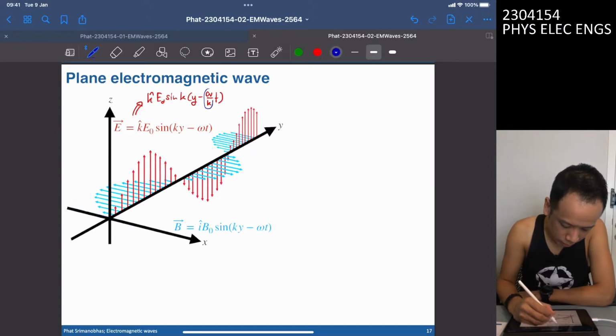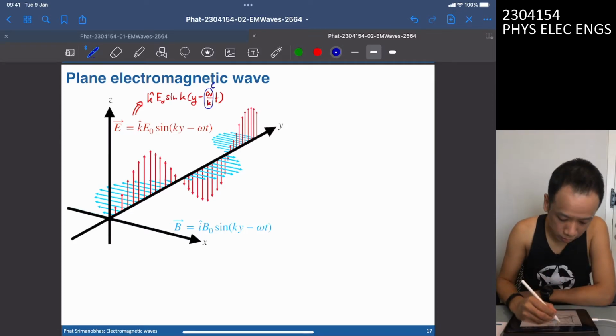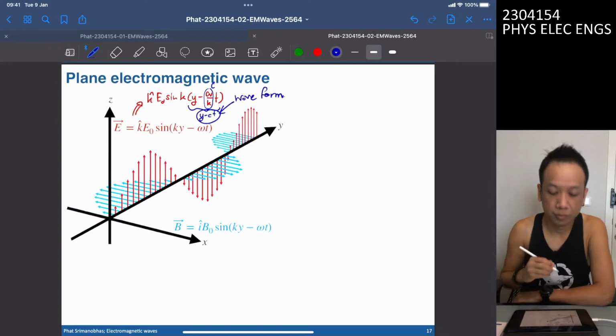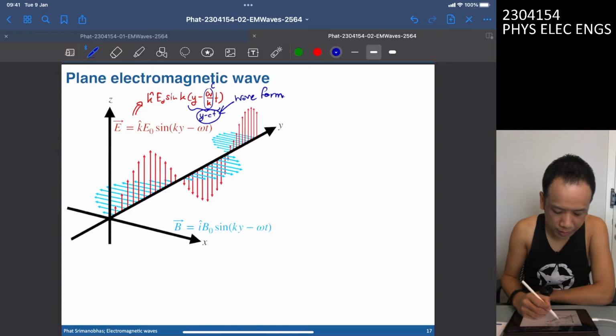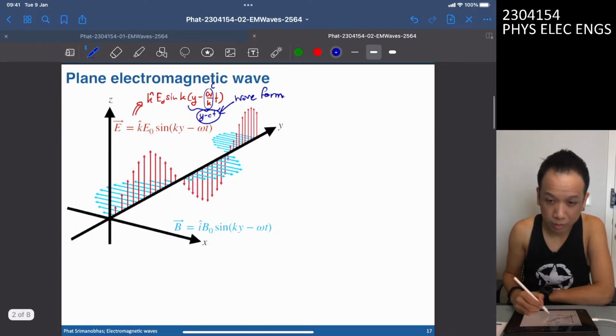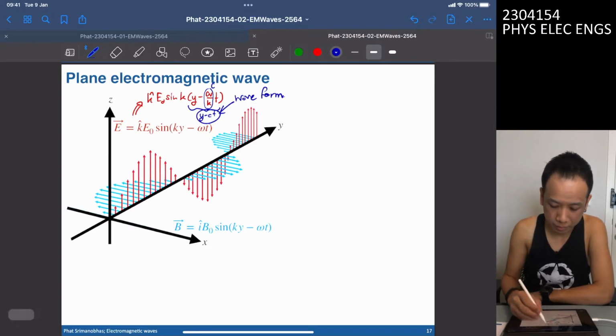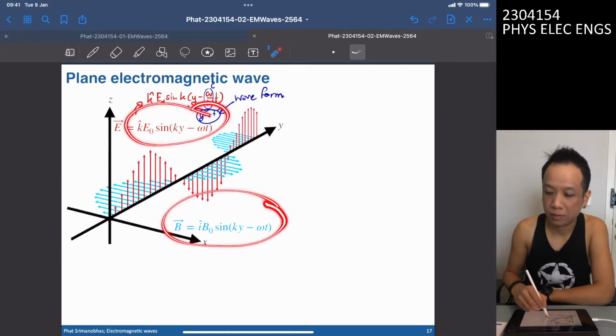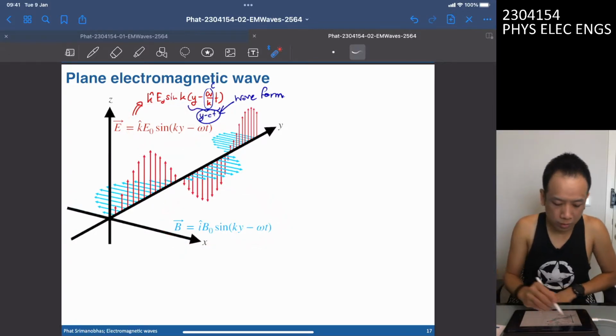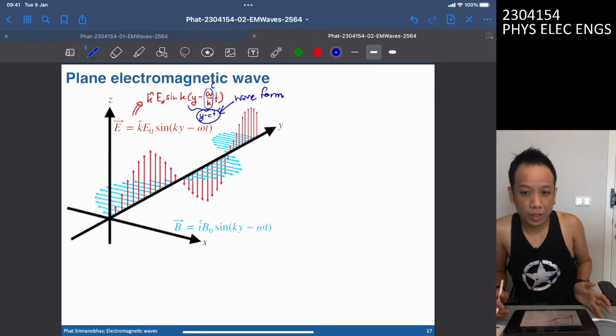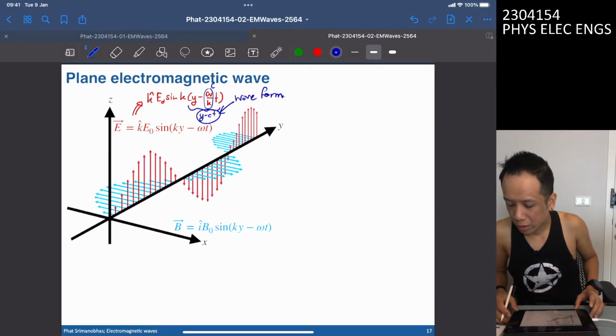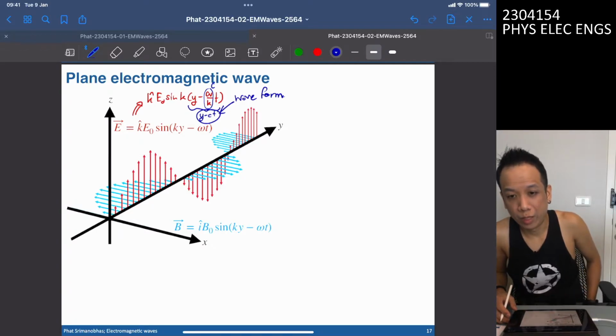And omega over k is basically c. So you can see that this is a function of y minus ct, right? This is the wave form. So clearly this follows the wave equation, and this also follows the wave equation. So this is the wave. We already know that. Everything that we applied to waves before, we can apply here.